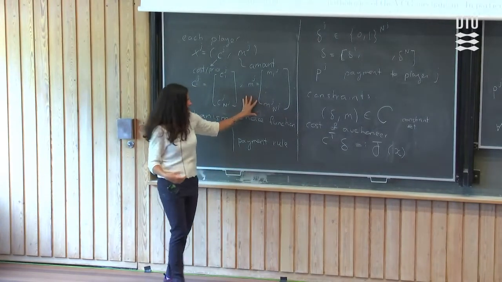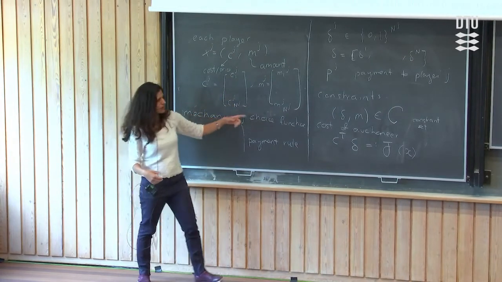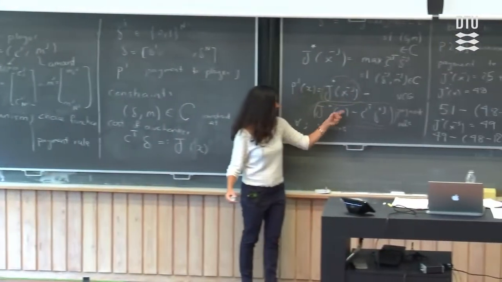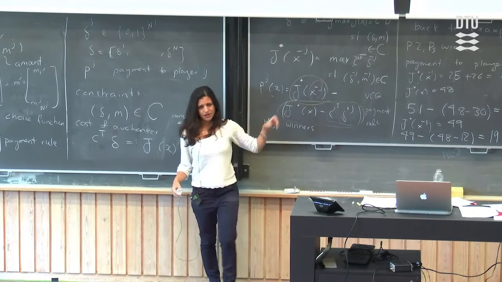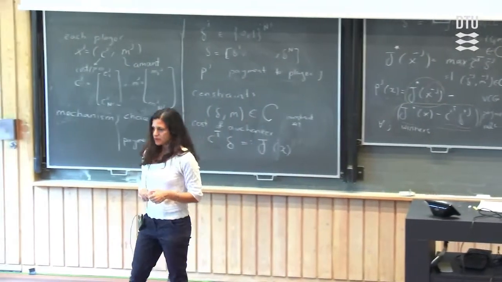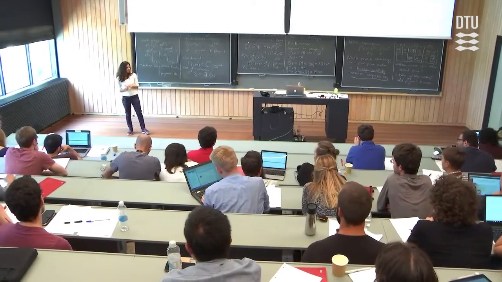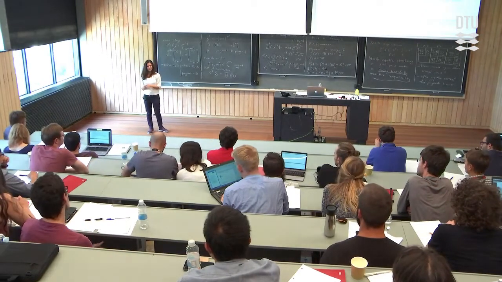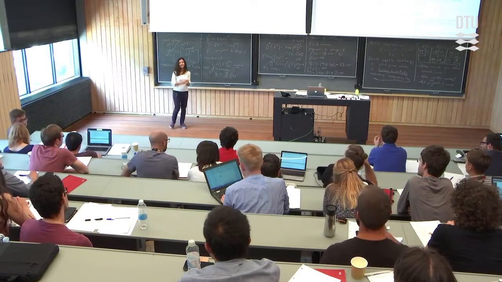If you're running VCG, you have to run this n times instead of 1 time, or the number of winners times more often, because you have to compute not just J star of x, but J star of x minus J for every winner to compute the payment. But you don't need to solve it sequentially. You can solve it in parallel. Exactly. So in our case it's not an issue, but people who want to use this in internet and fast auctions look at these computational issues.